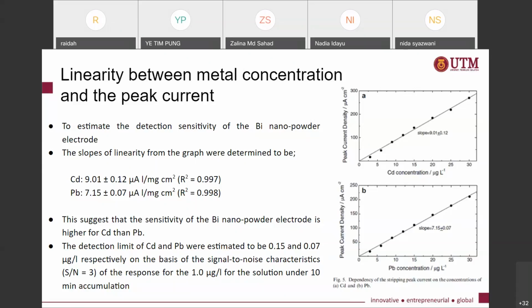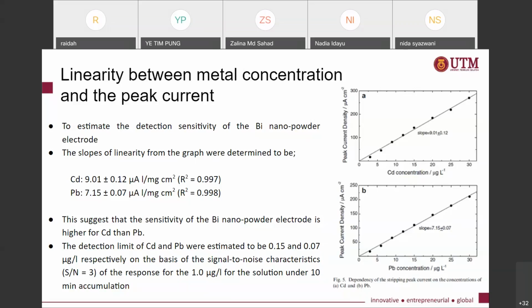The metal concentration deposited on the bismuth nanopowder electrode increases with an increasing accumulation time. Therefore, as the accumulation time increases, the peak current is enhanced, which leads to an increase in the slope of the linear relationship between the peak current and the metal concentration.